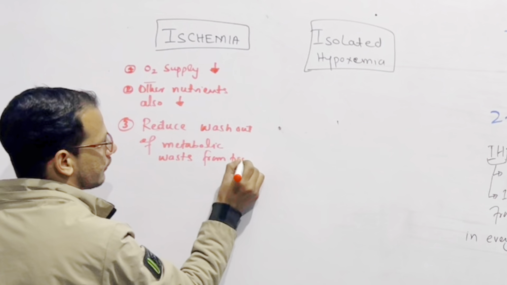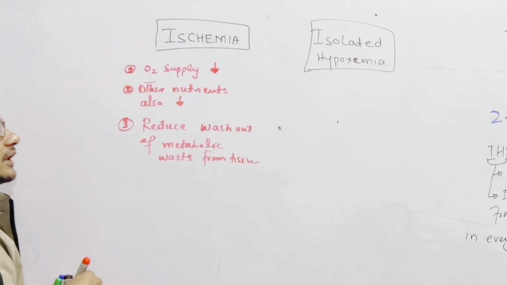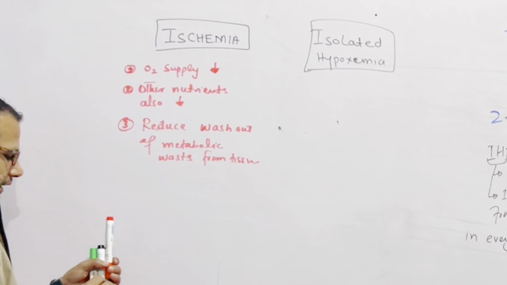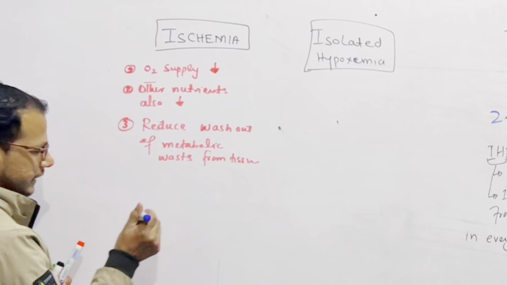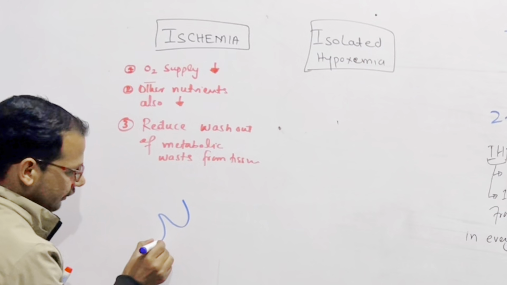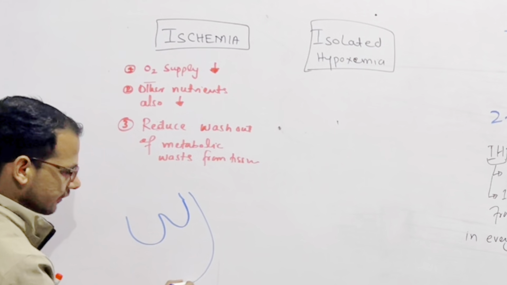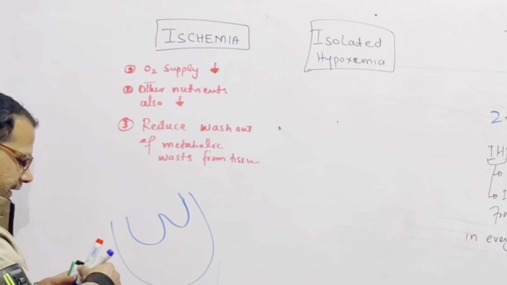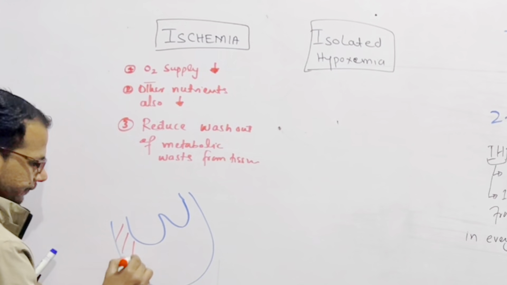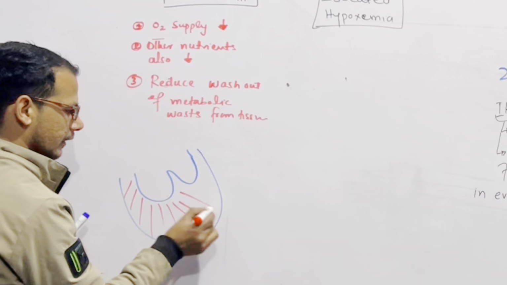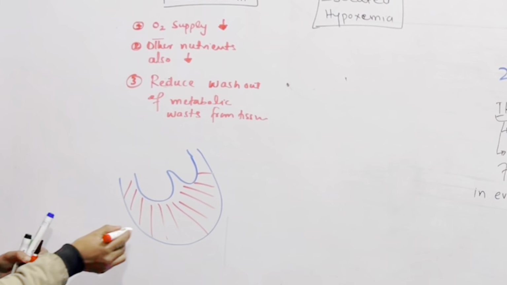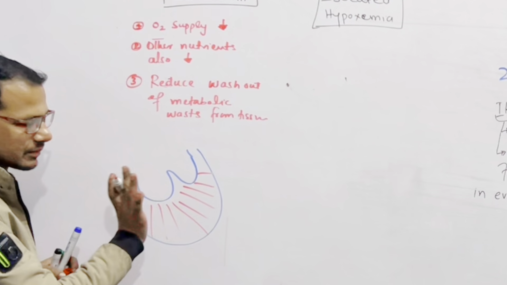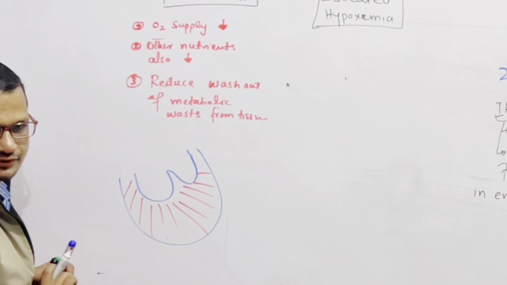For example, we are discussing the heart, so if we have this heart, and these are heart muscles, in normal condition the oxygen demand and oxygen supply are in an equilibrium state.